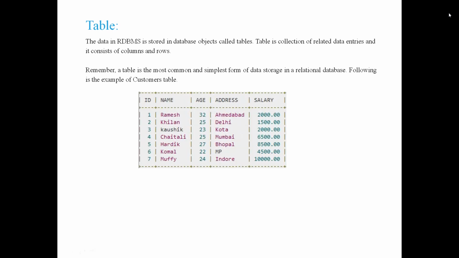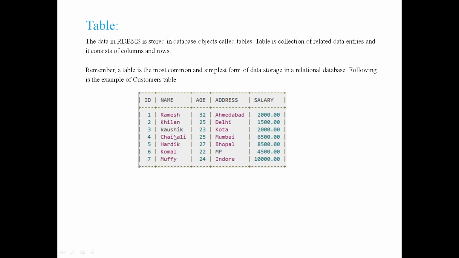This is how a table looks. On top of the table, you see ID, name, age, address, salary. These are the column names, or column attributes, in the table. And what you are seeing, 1, Ramesh, 32, Ahmedabad, are data rows.